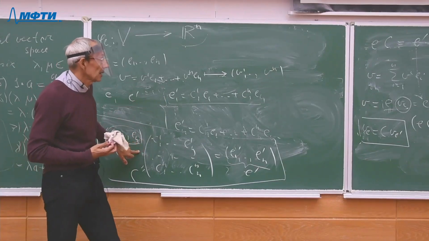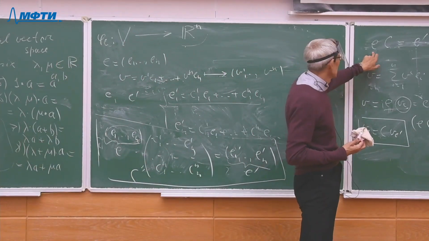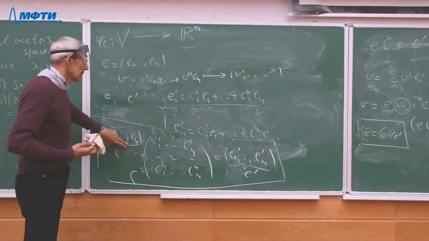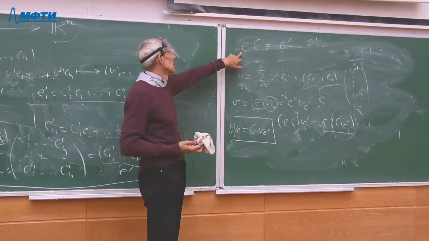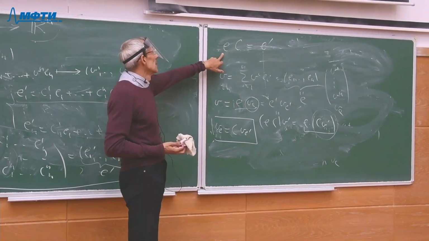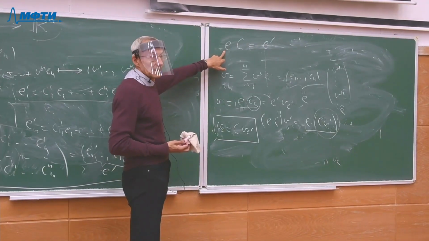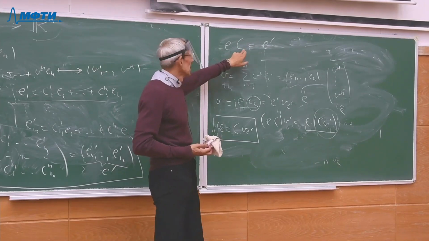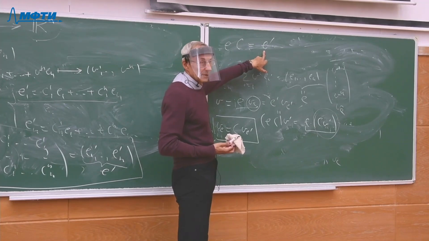After that, I can rewrite this formula in the matrix form. I change this tuple by this matrix row. E means a matrix row, C is a matrix, E prime is a matrix row. Okay.